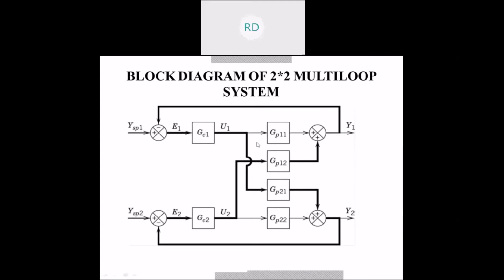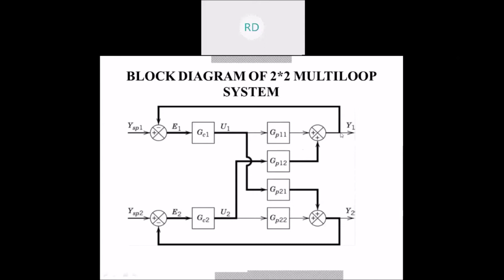Decentralized controller means for two processes I take one controller each, whereas if you design one controller for each process, that is a centralized controller. The output of the controller is u1, which is given to the input of the system.